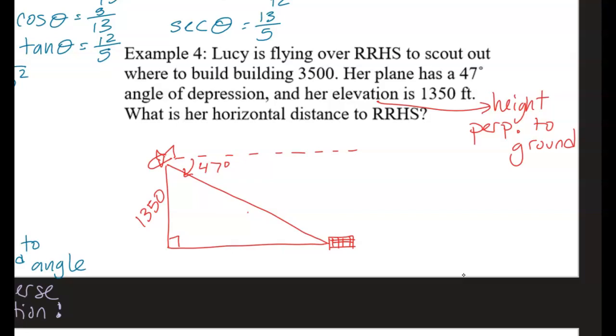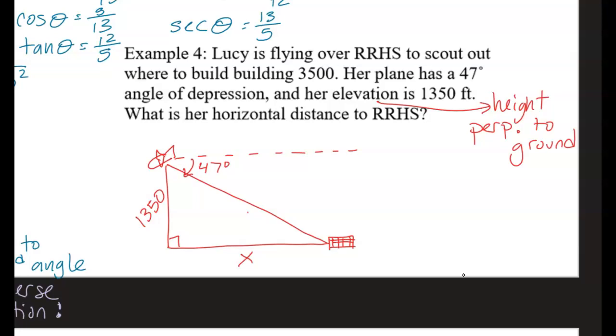Yeah, I would put it on the bottom line here. Her horizontal distance is the distance she is horizontally from the school. Anytime it says horizontal distance, you better put x on a line that is the same as the horizon.